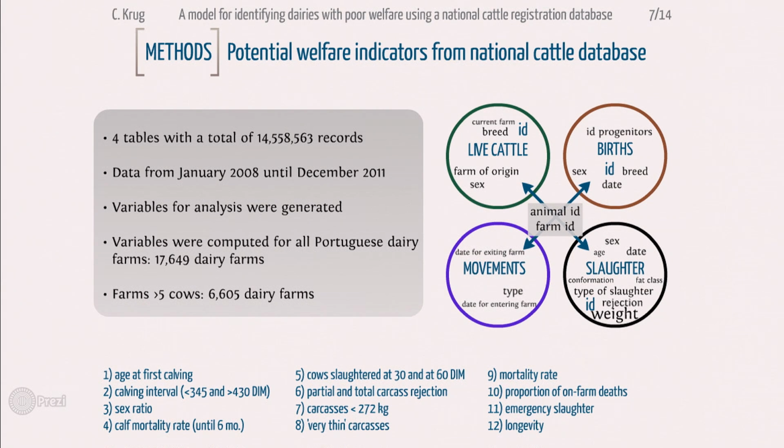Based on these four tables and on the literature review, we were able to identify several potential welfare indicators. Some of them are related to reproduction, for example, age at first calving. Some are related to mortality, for example, mortality rate, and some are related to carcass characteristics, for example, the proportion of carcasses with less than 272 kilograms.